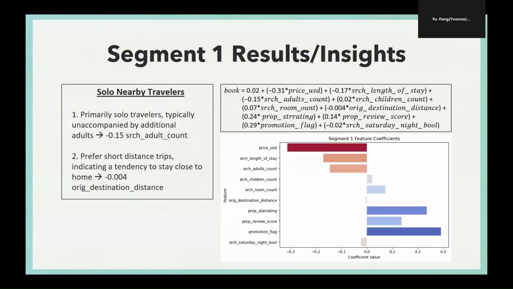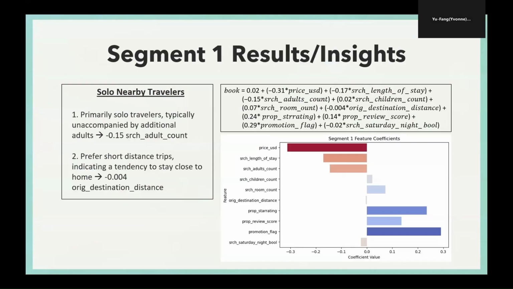Lastly, higher star ratings have a positive effect. We see a small but meaningful shift showing that travelers in this segment are more likely to book when a hotel has higher stars. Overall, segment 1 is characterized by independent travelers taking short nearby trips and showing a moderate preference for higher quality hotels.